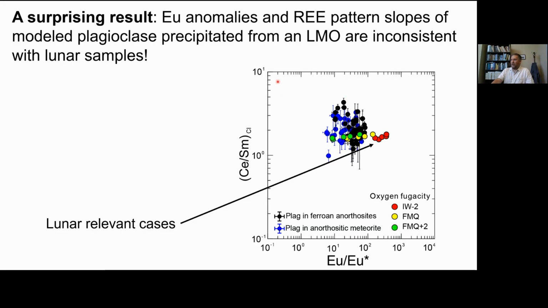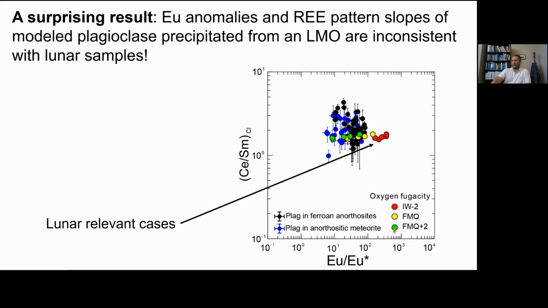All right, so again, here you see the cerium-samarium ratio, the slope of the rare earth element pattern for the plagioclase. The x-axis again is the europium anomaly. All right, the black and blue circles, those are the natural data, and then the red, yellow, and green circles, those are the predicted compositions of magma ocean cumulate plagioclase. So these are predictions made at 3 different oxygen fugacity conditions.